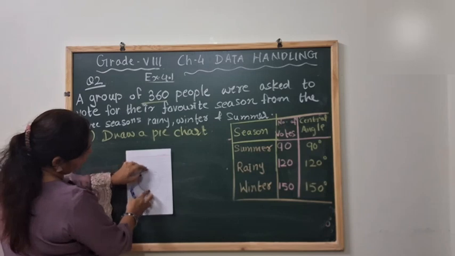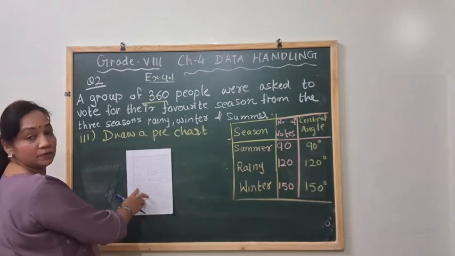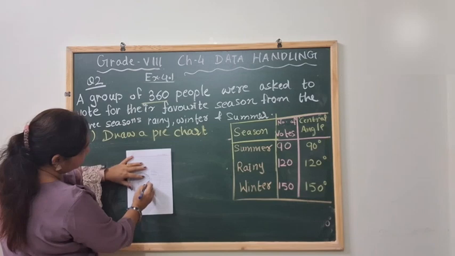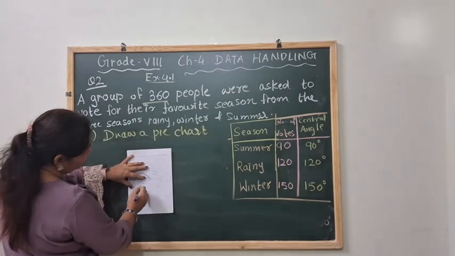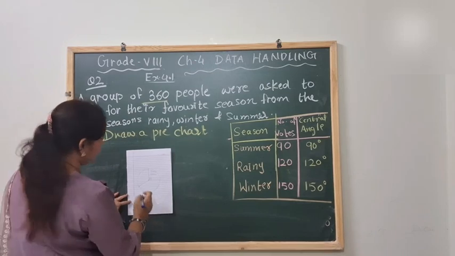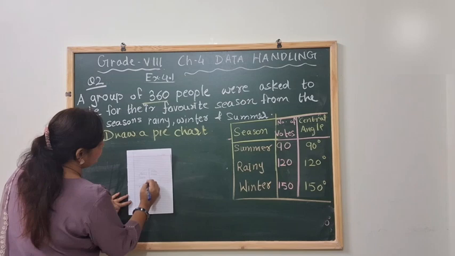Using the scale, draw a line here. So this is 120 degrees and that is rainy season.